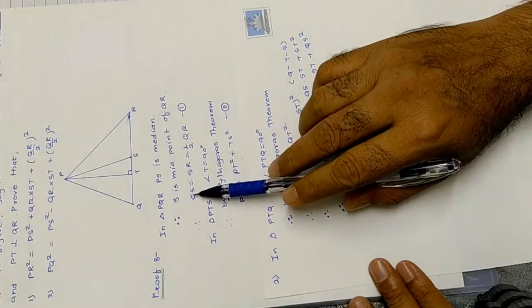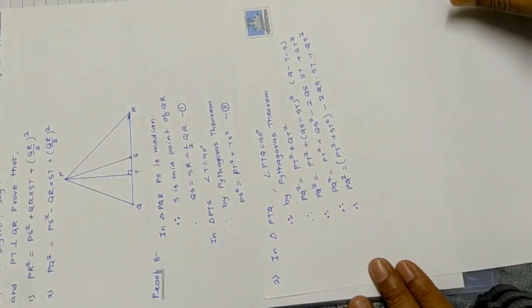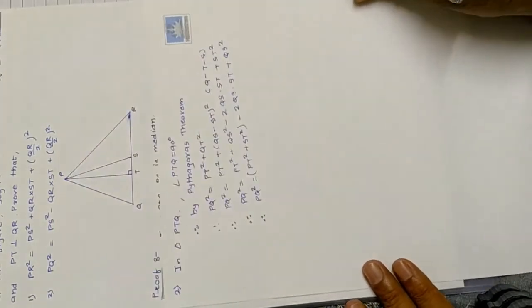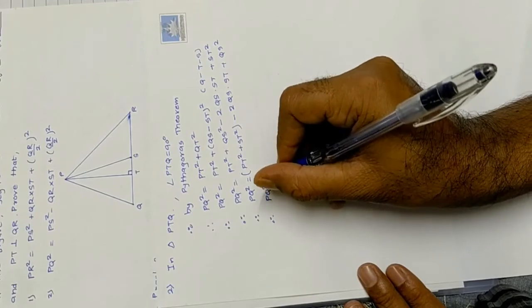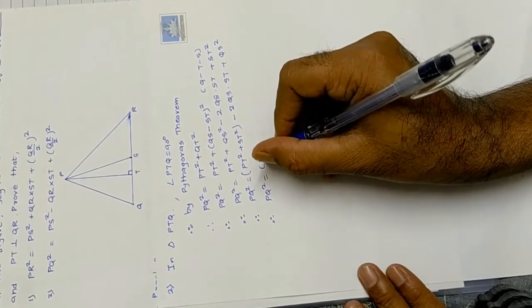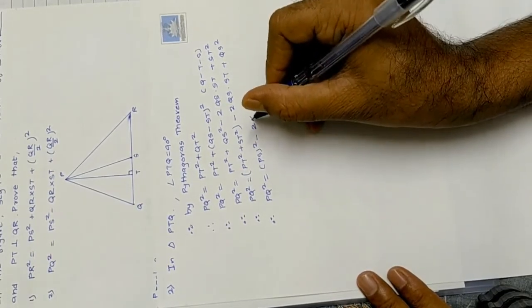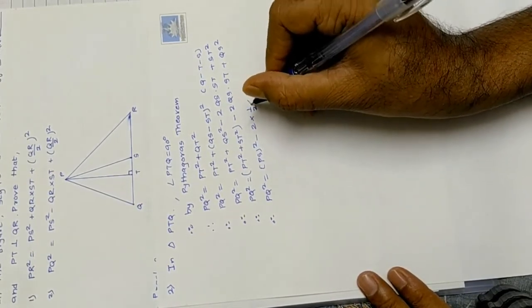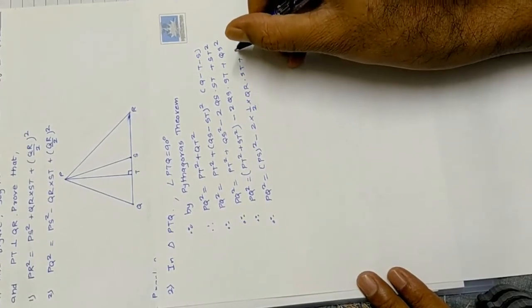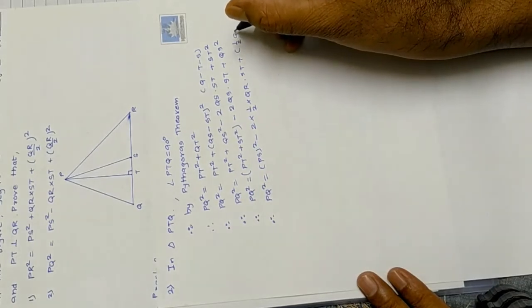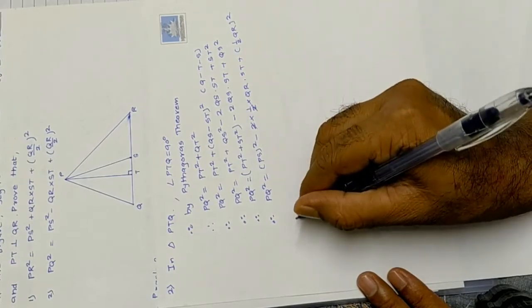But QS is what? QS is half of QR. So from again 1 and 2 we are going to change this equation. So let us write it. So I'll write here. Therefore, PQ square is equal to PS square minus twice. QS is what? Half of QR. So into half of QR into ST plus again QS is what? Half of QR the whole square. Now these two get cancelled and you will get the proof.